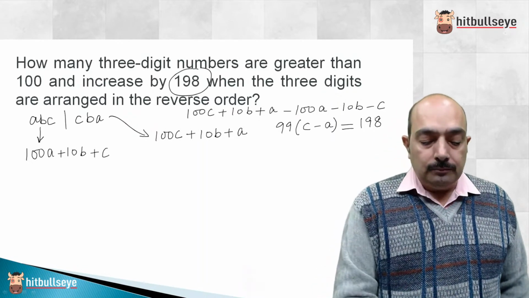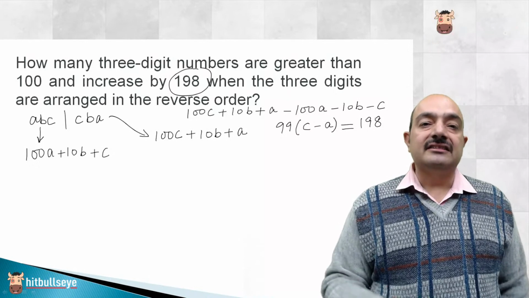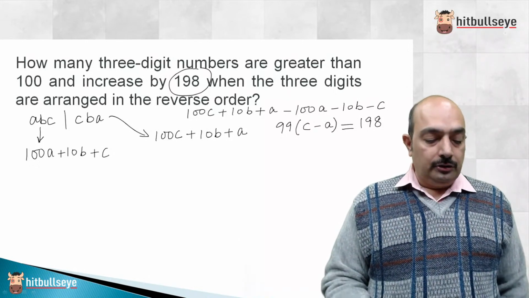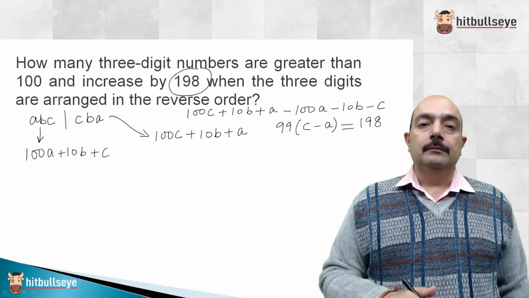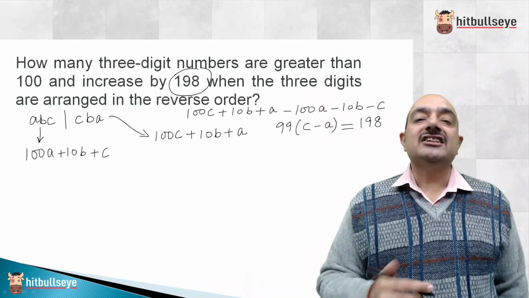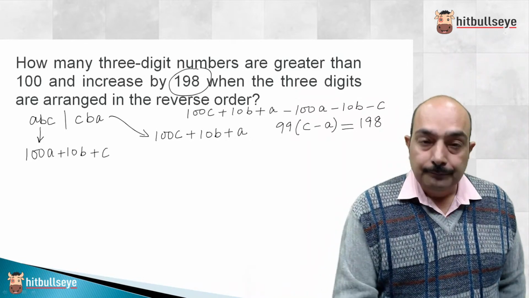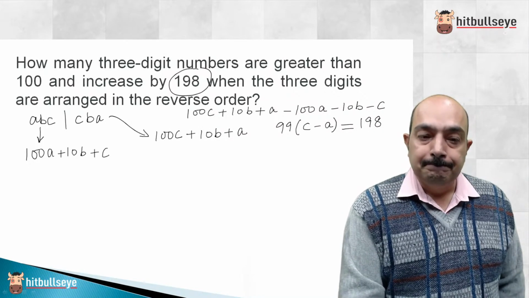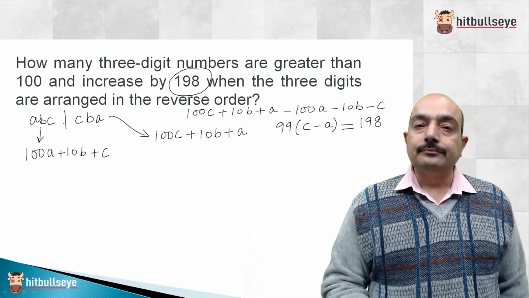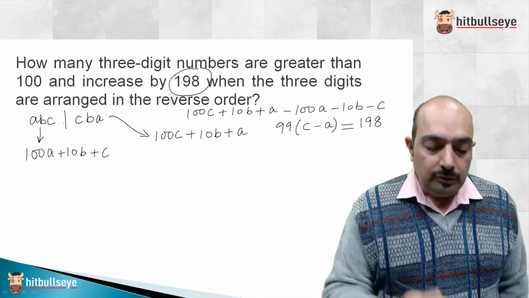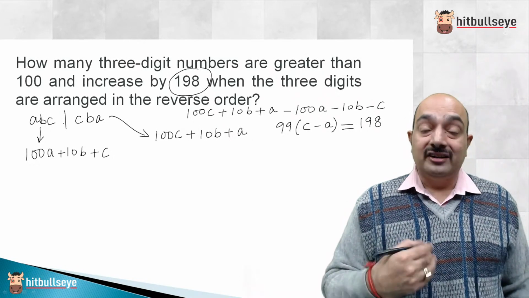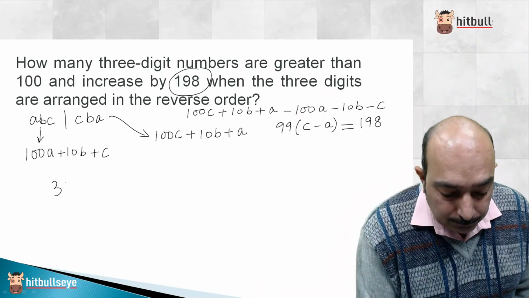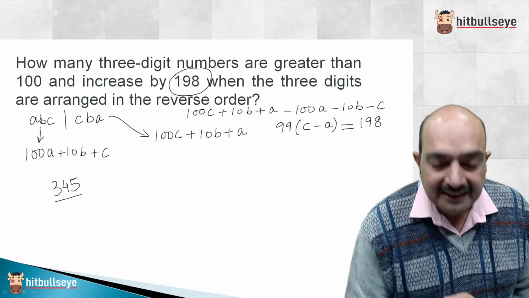Yes or no? I hope this 100A plus 10B plus C is clear. This is the number as per its place value: units, tens, hundreds. So, 100A plus 10B plus C. Or you can write in a better way, if you want to understand better, suppose I have 345. Just observe guys.